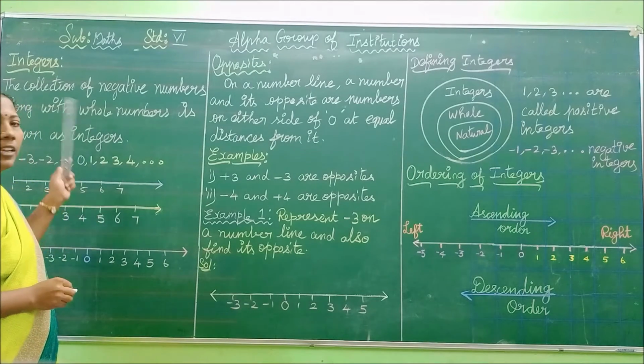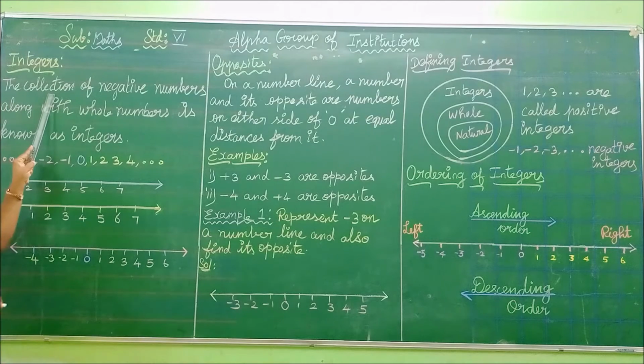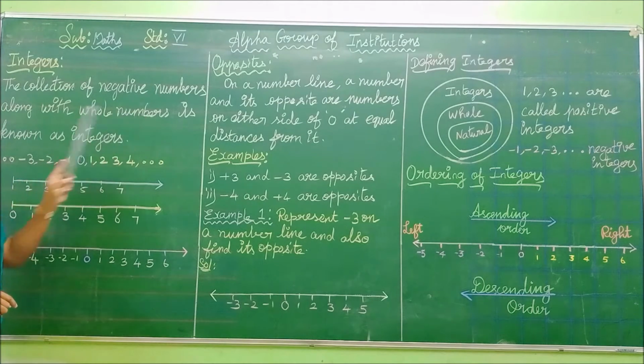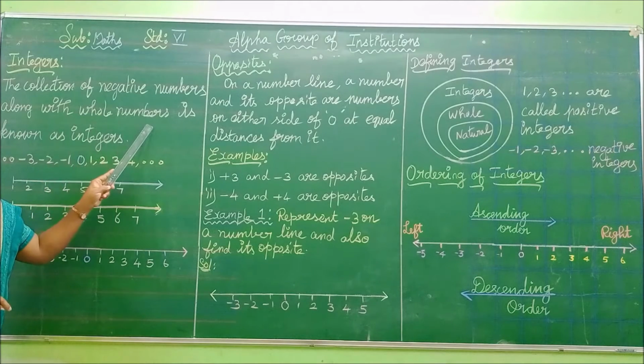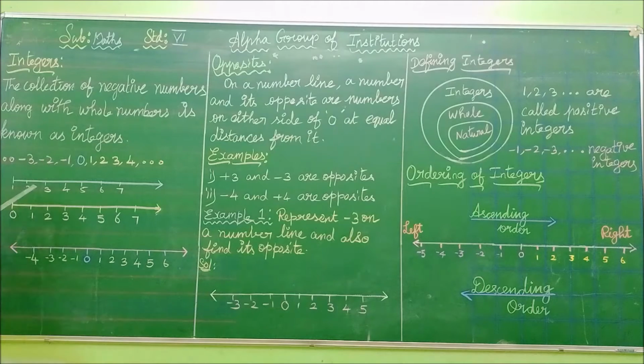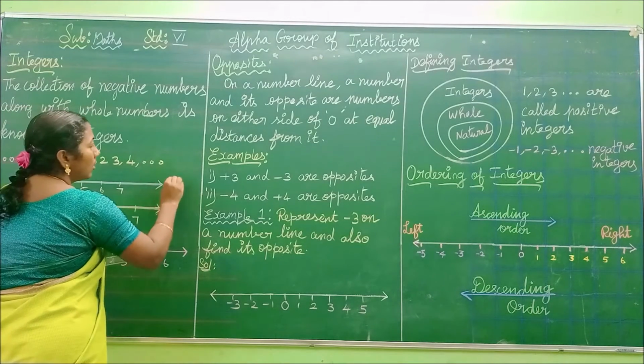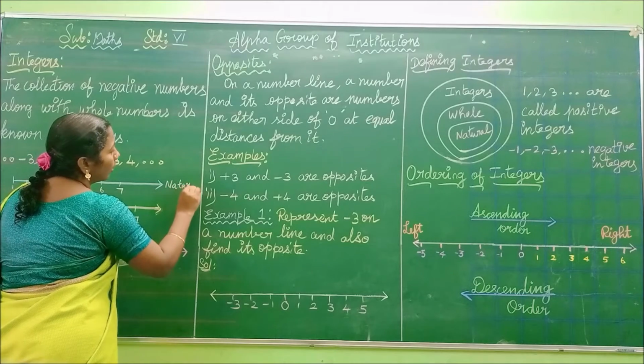How can we define integers? The collection of negative numbers along with whole numbers is known as integers. What is meant by whole number? The collection of zero along with natural numbers. See children, before seeing the integers, first of all we are going to discuss natural number, whole number first. Okay. See here, this is the number line representation of what numbers?